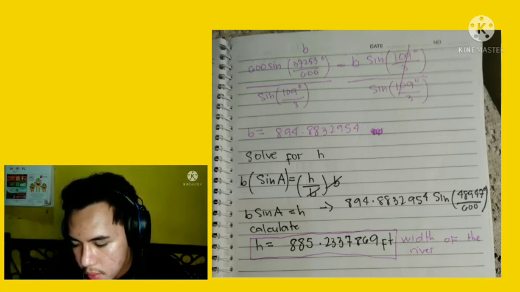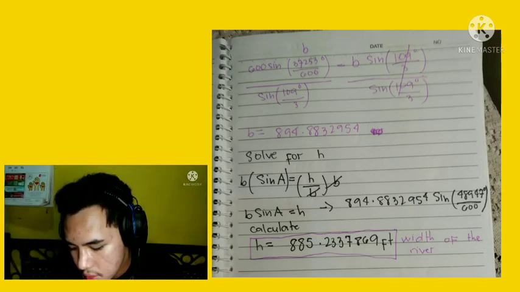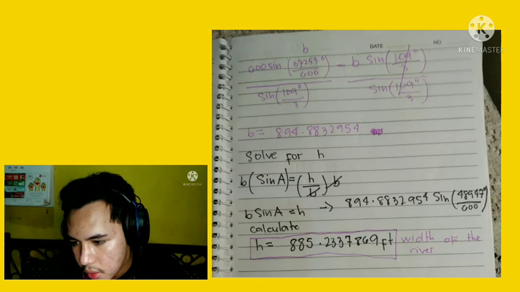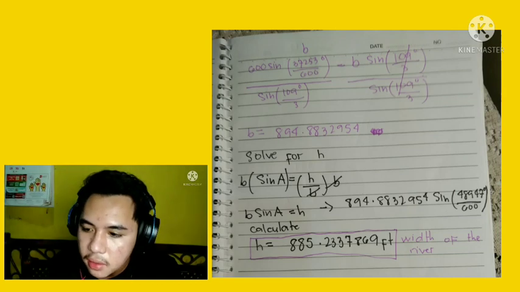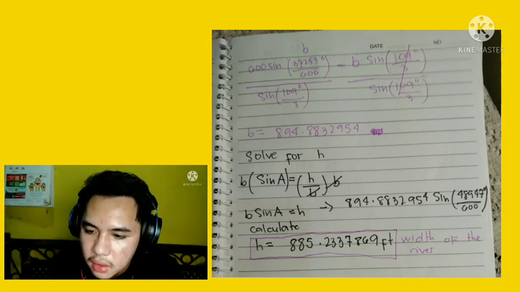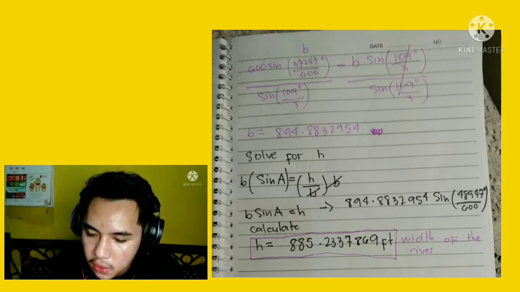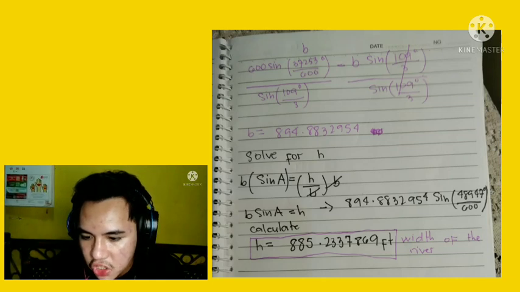We multiply both sides by sin 109 over 3 degrees, and we will get our B. If we calculate this, our B is equal to 894.883294.